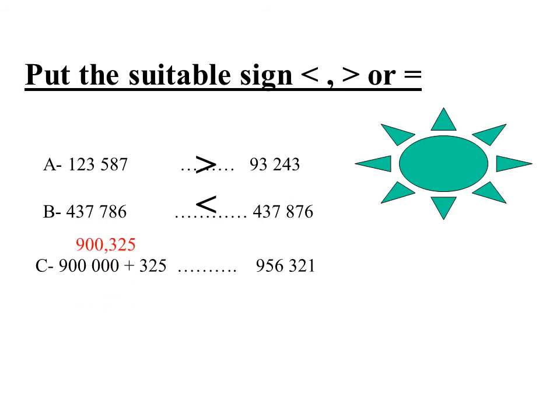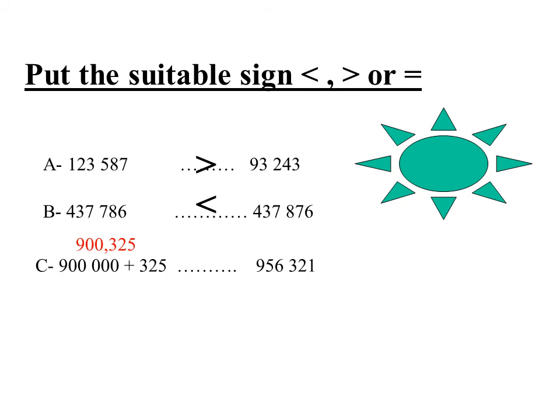The last one, we have 900,000 plus 324, so we'll compute it and write it like that. Now we can compare. Each number also has 6 digits, so we'll compare the greatest place from our left hand. There is 9 in the 100,000 place and 9 in the second number also, so we'll compare the next digit.